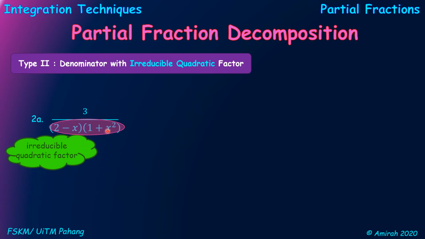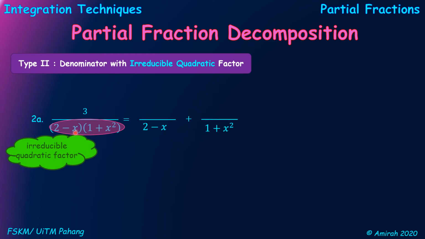From the irreducible quadratic factor, we now have two factors in the denominator, so we can write the sum of two partial fractions.